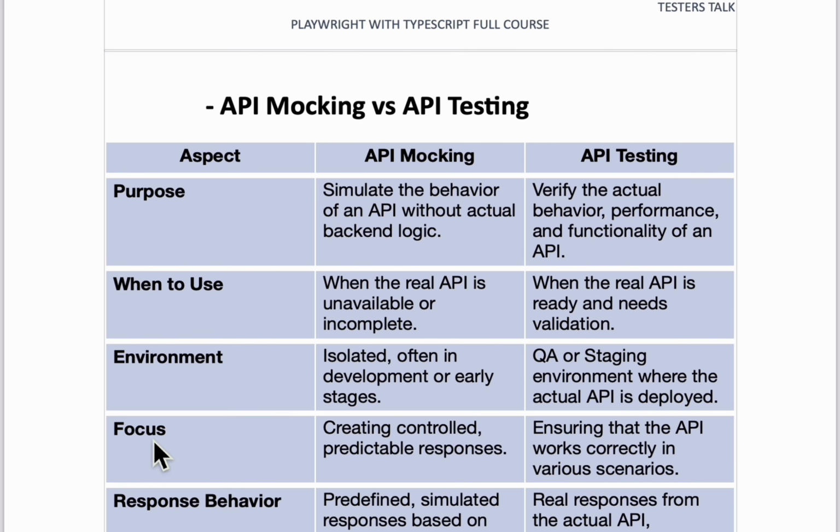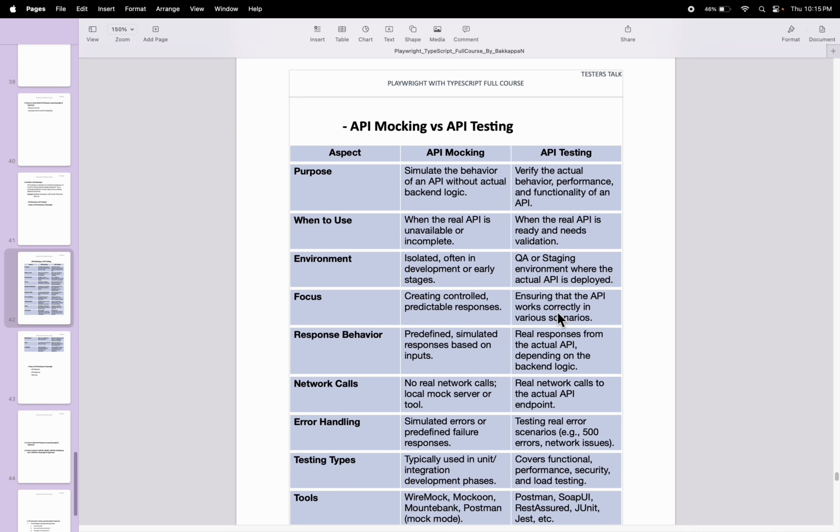The fourth aspect is focus. We create controlled and predictable responses in API mocking. But in case of API testing, we are ensuring that the API is working fine in various scenarios.